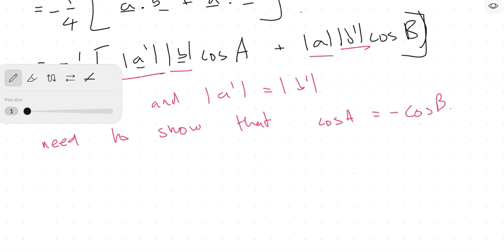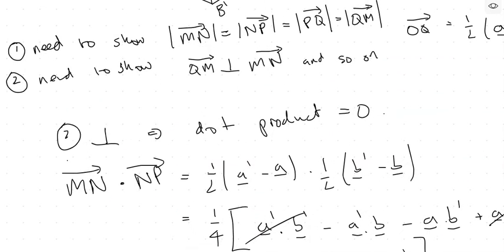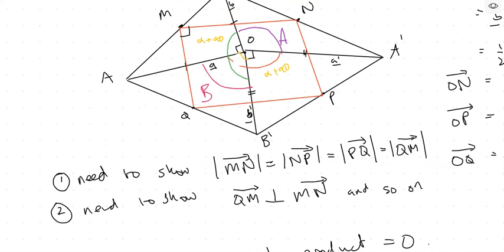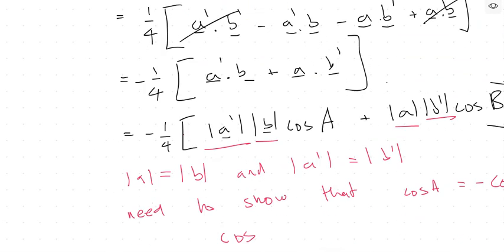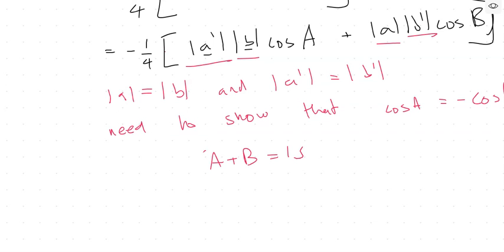Let me just think about this for a sec. There's a relationship between A and B, which is that when you add them together you get 180. So A plus B equals 180.